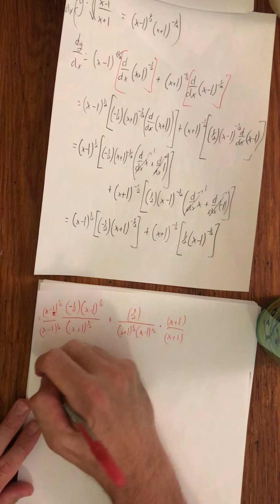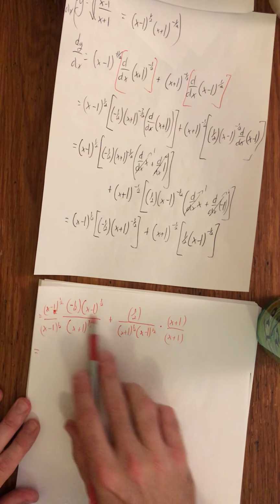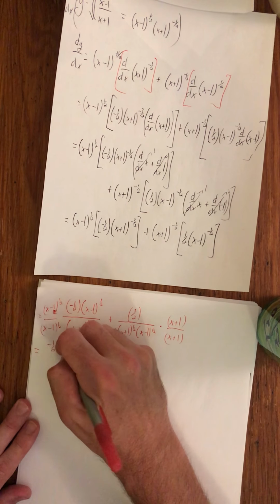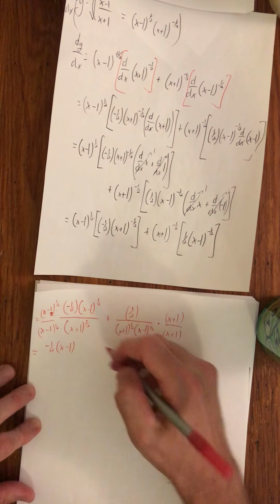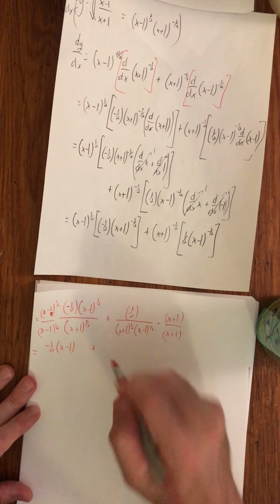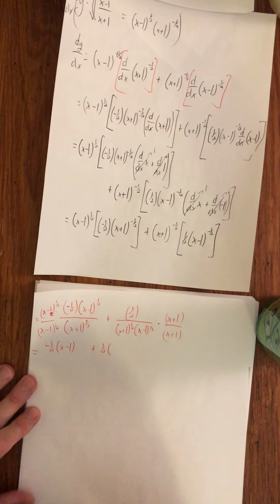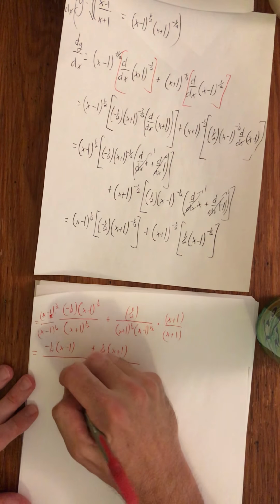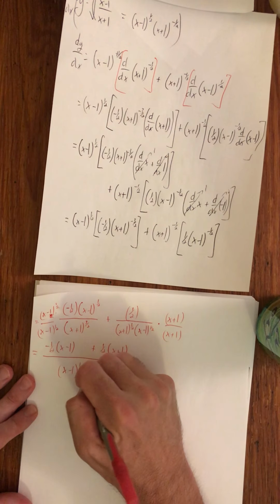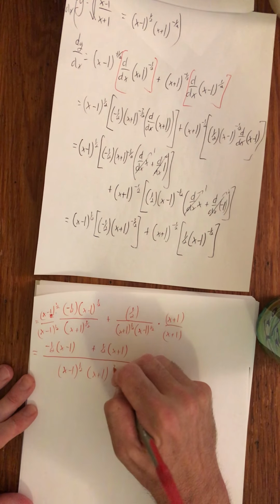Giving us, once again, in the numerator, negative 1/2 x minus 1, done, that's it, plus 1/2 x plus 1, all over the denominator that we want, which is this.